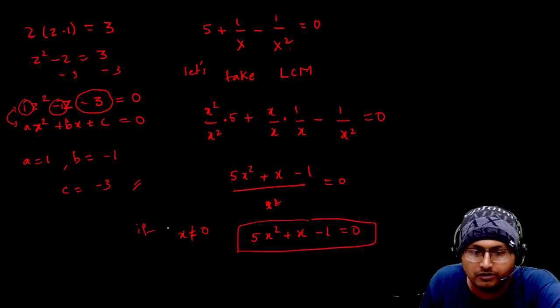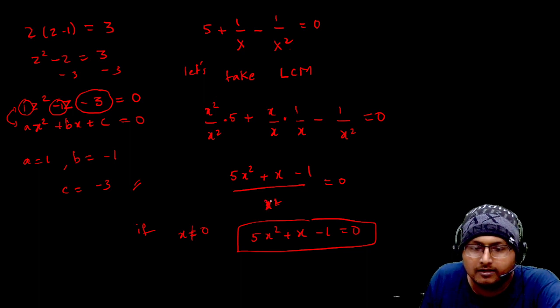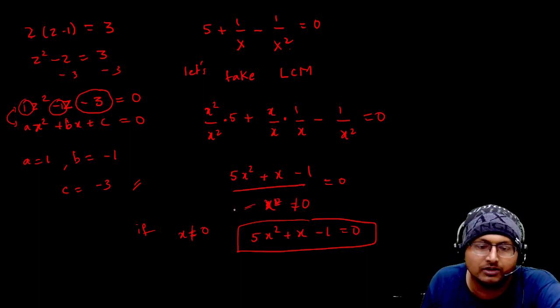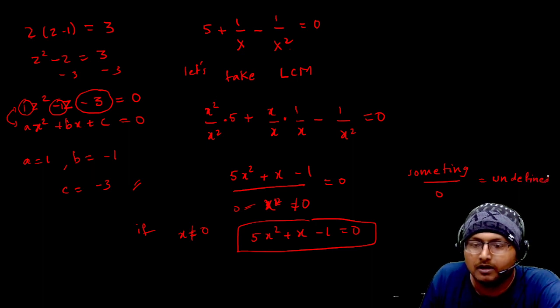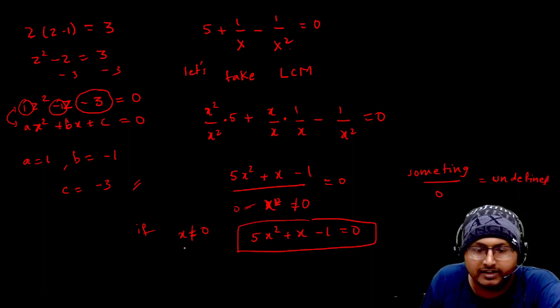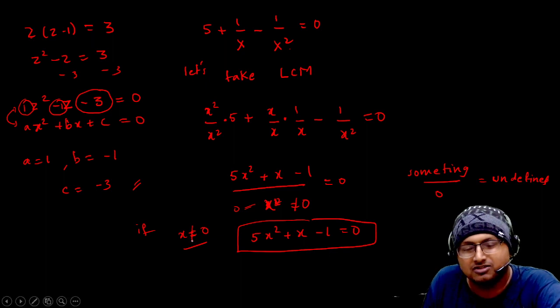If x is not equal to 0, then this denominator will not be equal to 0. If x equal to 0, this will become 0, so it will be undefined. Something by 0 will be undefined. So we'll assume that x is not equal to 0 only.